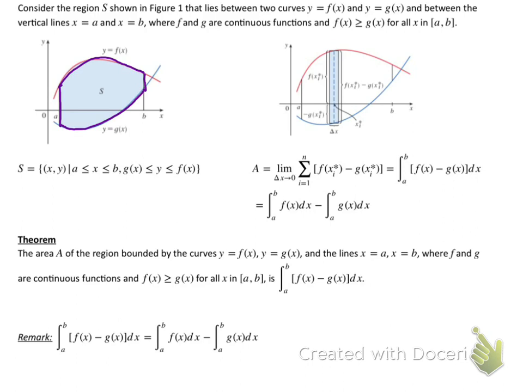You can imagine this region S is built up with a lot of very thin vertical stripes. Then each vertical stripe, you can imagine it as pretty much a rectangle.